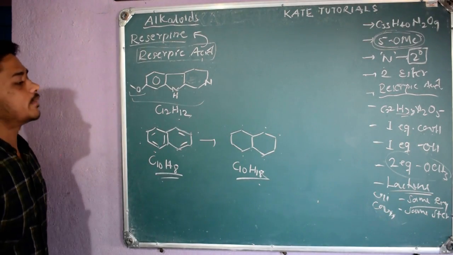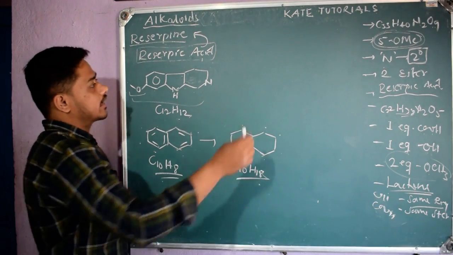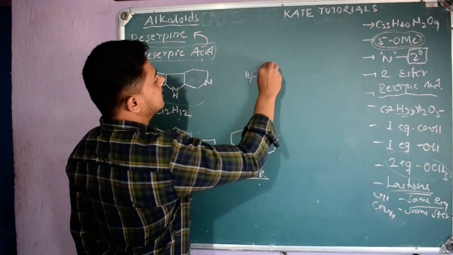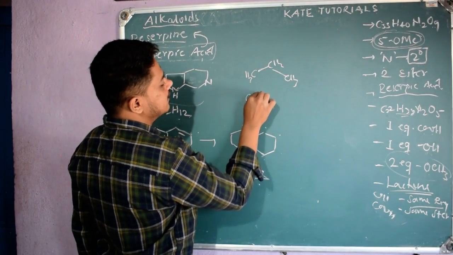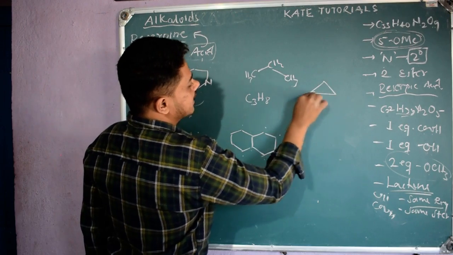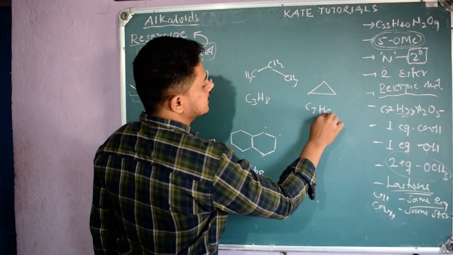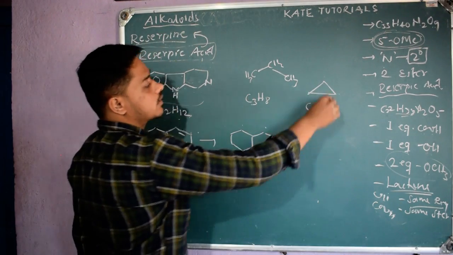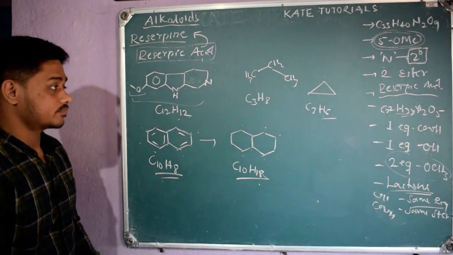You may ask, sir, why did you take only a ring? Why didn't you take an open chain? For example, see, this is CH3, CH2, CH3. The formula, if you see, is C3H8. If I take a ring like this, it will be C3H6. So whenever there is formation of a ring, the number of hydrogens will be less.